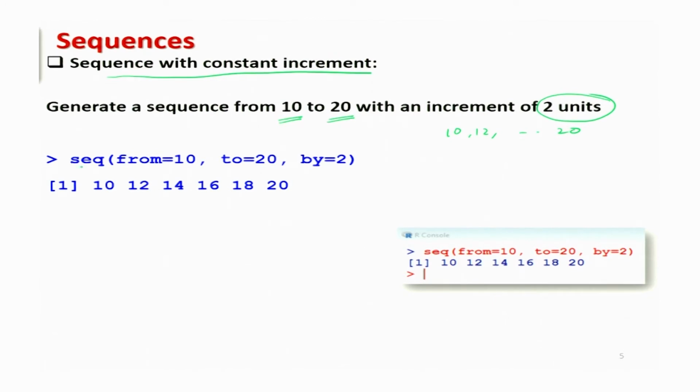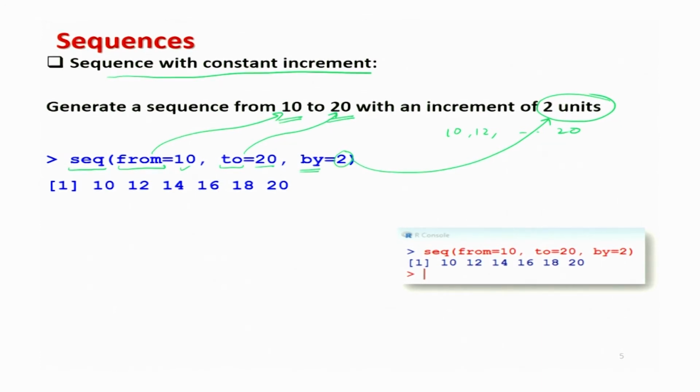So, you can write seq and then from equal to 10 and to is equal to 20, and then after the comma you write by, and for by you write 2, because this 2 corresponds to the increment of 2 units, and similarly from corresponds to 10 and to corresponds to 20.